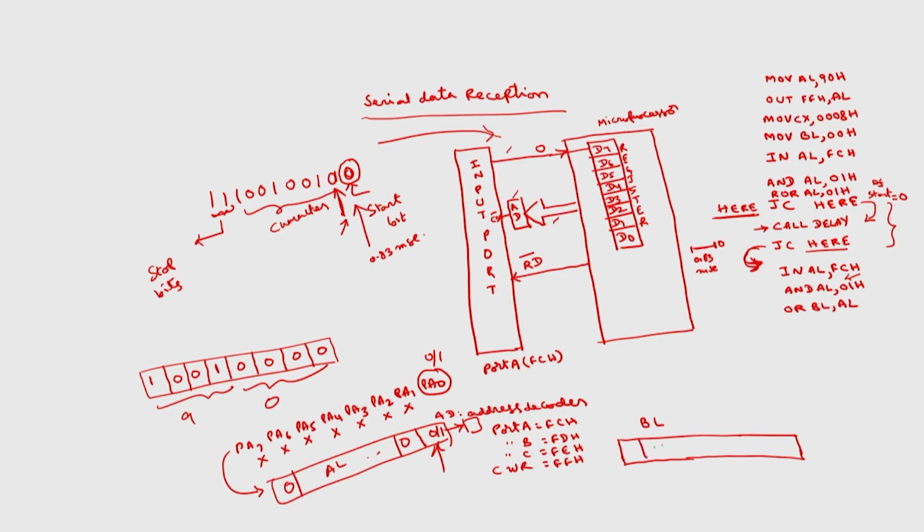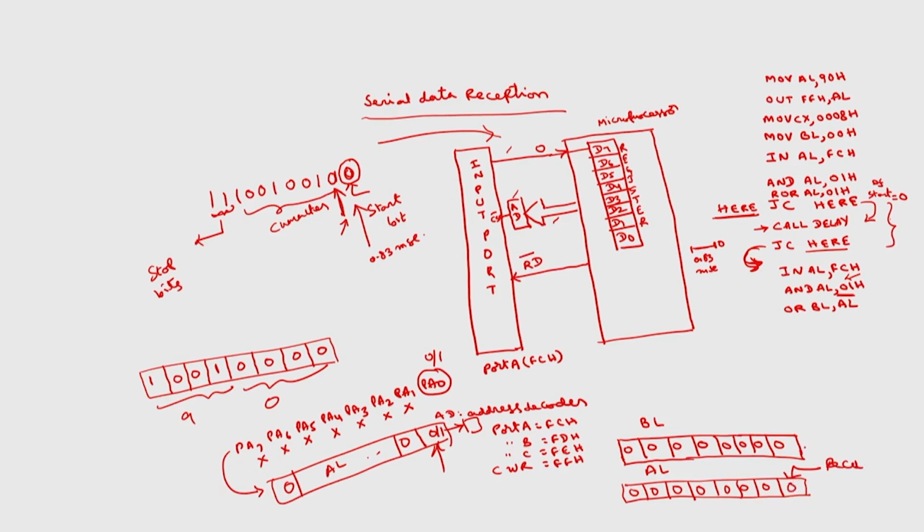In BL, initially 0 was there, all 0 bits: 00000000. In AL, the remaining bits are all 0 except for the last one, because I have made the ANDing operation with 01H. So, the first 7 bits become 0. This bit will be whatever the received bit is; the received bit can be either 0 or 1.